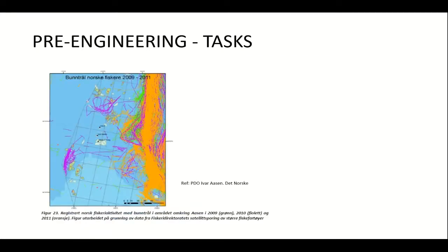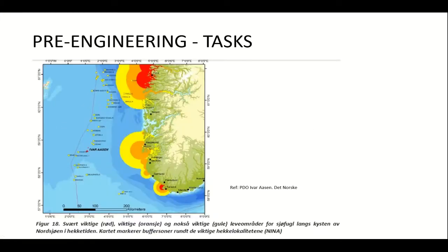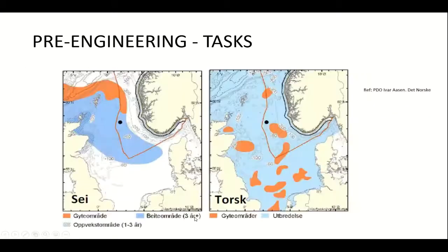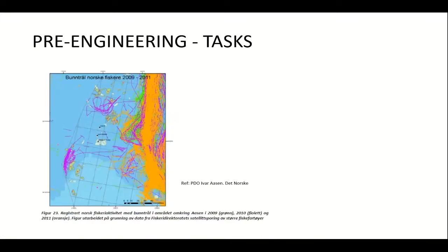Here you see some trajectories for fishing using bottom trawling, and how the field is located according to these areas. So you see in that case it seems there is no conflict. By the way, these images I took from the environmental report that I mentioned, the impact assessment report that is freely available online.